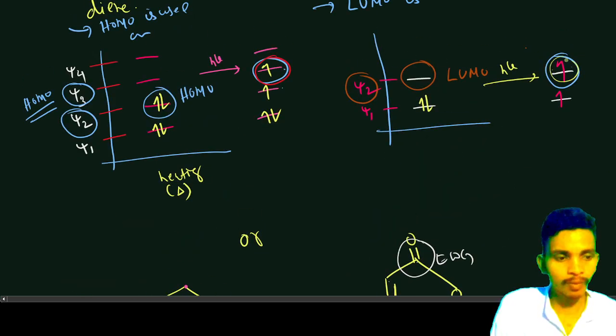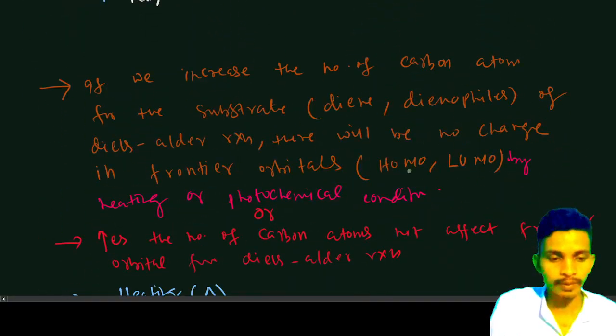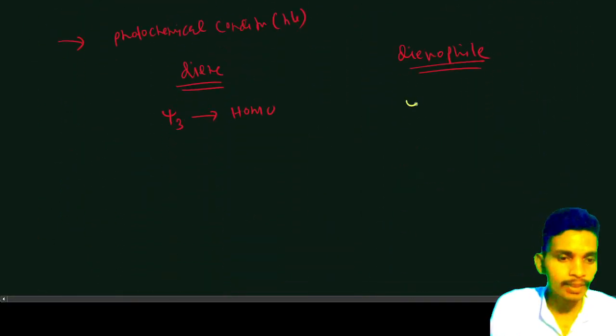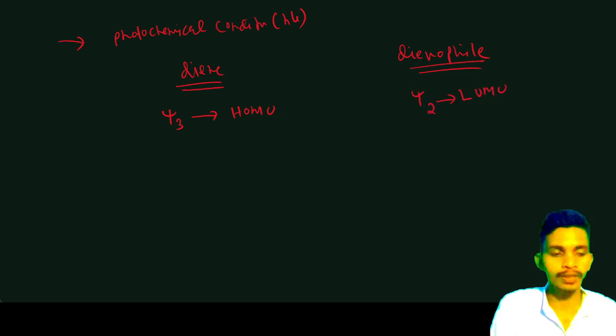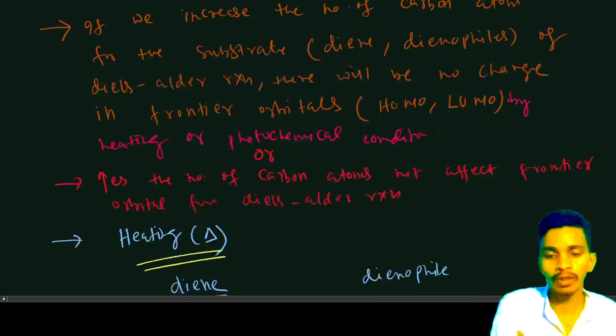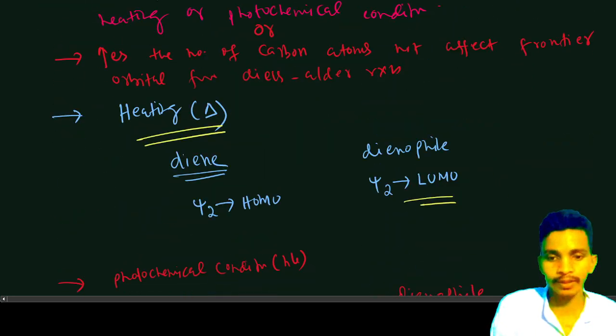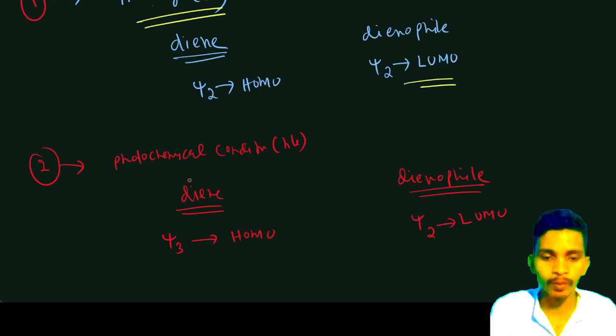This is the LUMO because a vacancy is there, electrons can still come. That is what we have noticed from this molecular orbital representation, for heating and photochemical conditions.